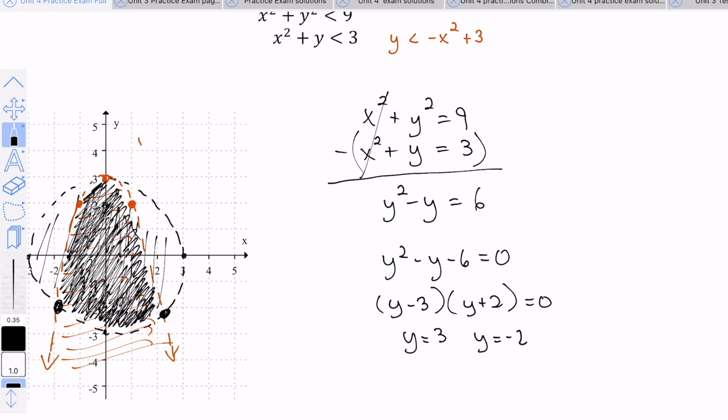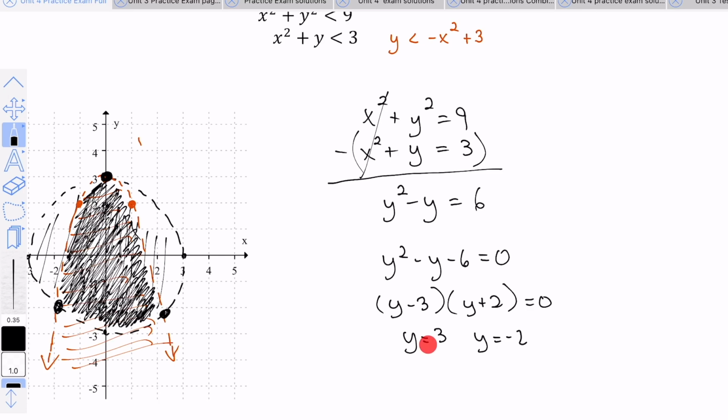Now the next step is to find the x values, excuse me, that match up with these y values. But before I do, I want to take a look at where these intersection points are, here, and there's actually one up here. There's a vertex right there, so we need to find those three.